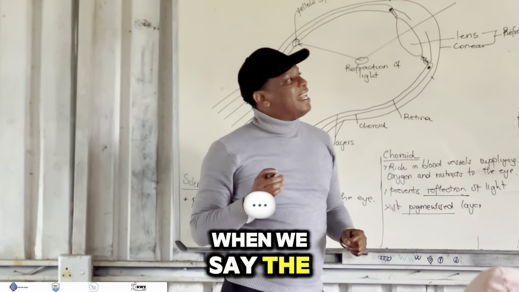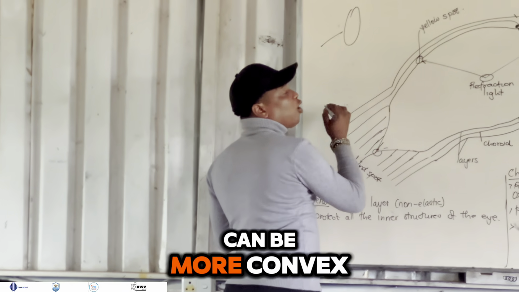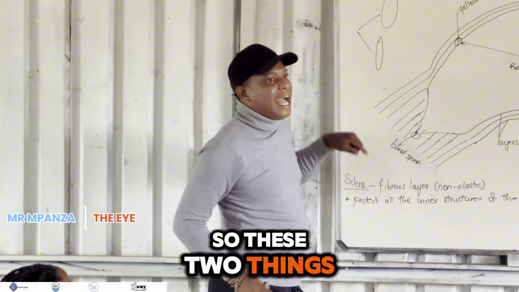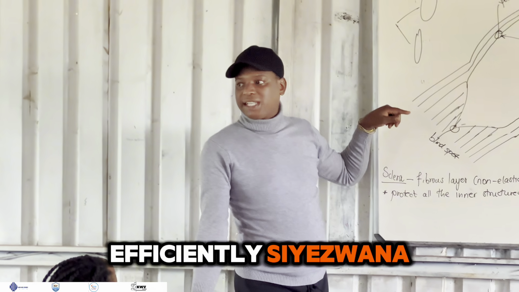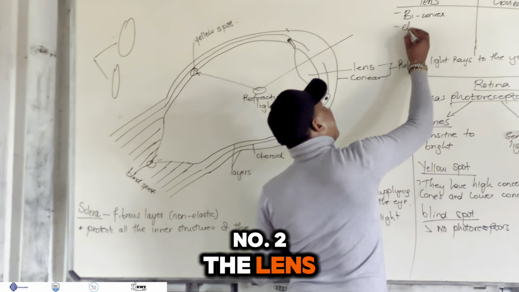When we say the lens is biconvex, we mean the lens can be more convex and it can be less convex. So these two things allow it to bend light efficiently. That's the first thing. Number two, the lens is elastic.